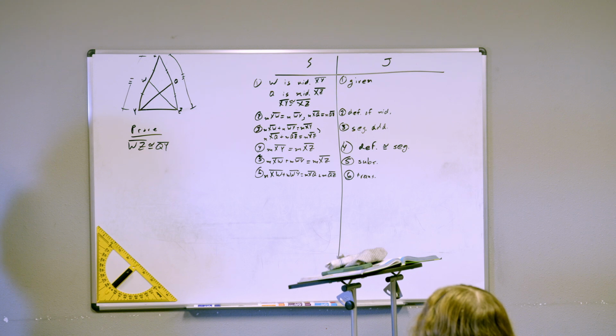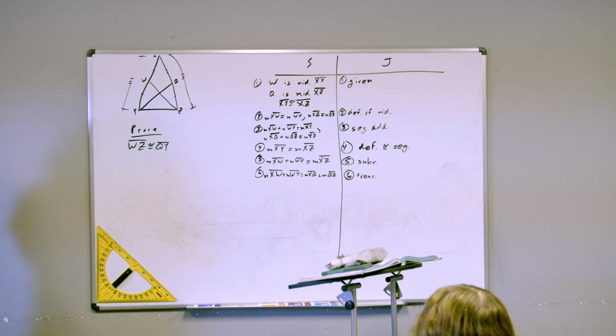Now what? Now can we say all the halves are equal? If they're equal and those are equal, so we can do another substitution, right? Get some stuff that matches.